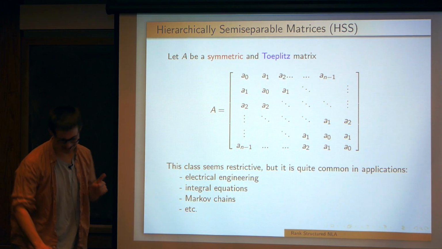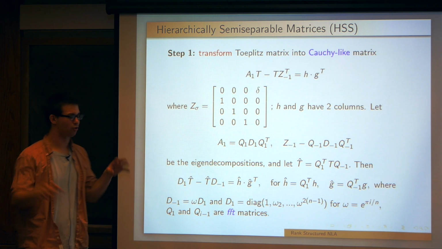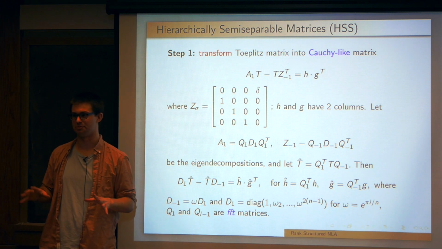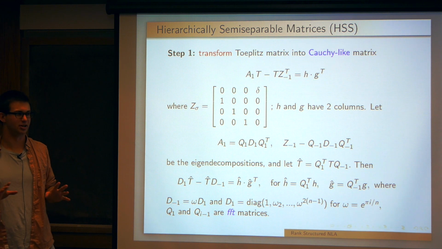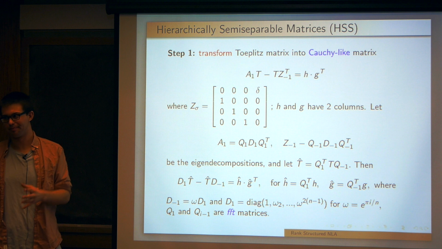But it turns out you play a little trick and you just do a Fourier transform on either side. And so you look at the Toeplitz matrix in Fourier space. It has beautiful rank structure properties. It is perfectly H and HSS.